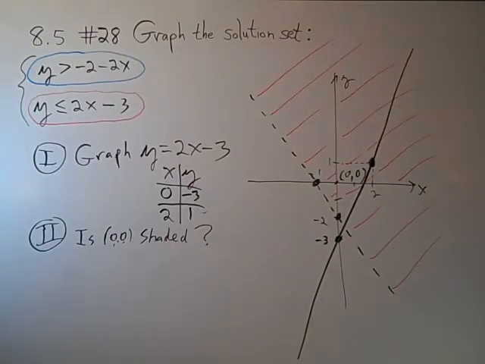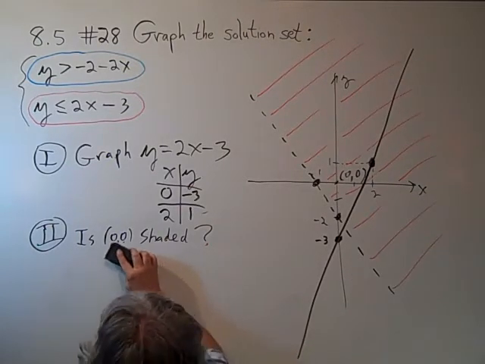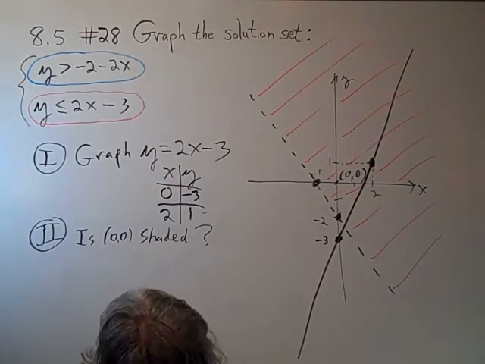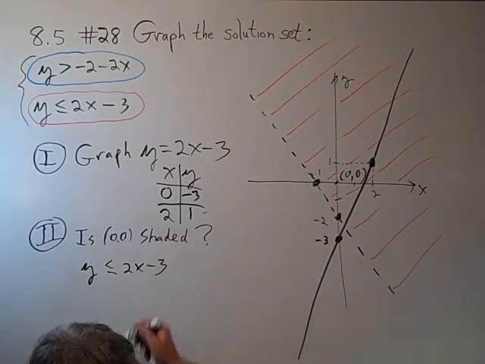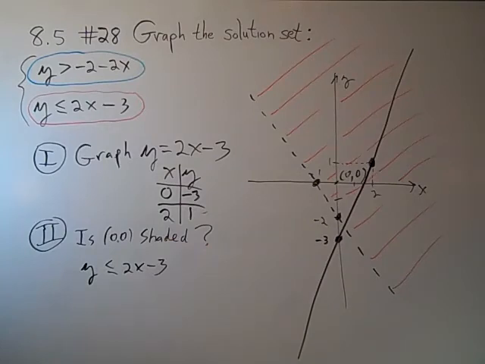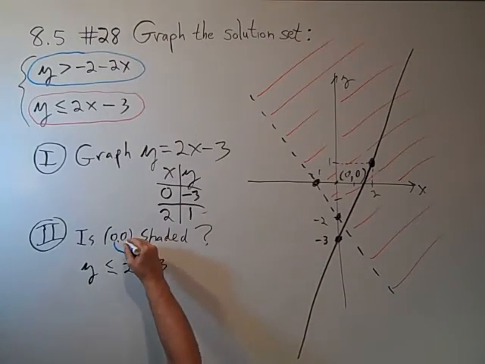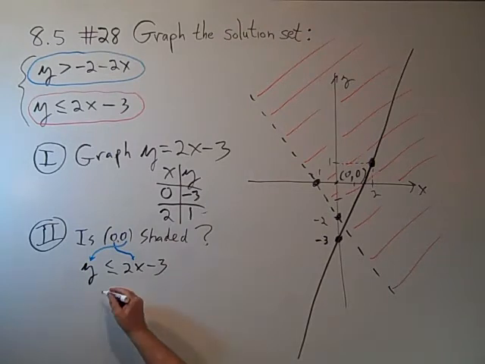And now we need to decide which side of that line gets shaded. So we take the inequality y less than or equal to 2x minus 3 and substitute in x equals 0 and y equals 0. And this inequality then becomes 0 less than or equal to -3. We wonder if this is true.